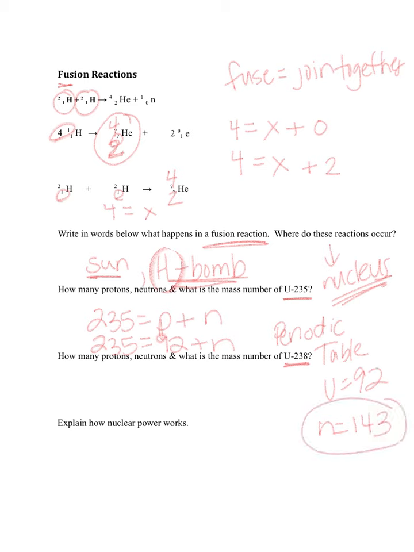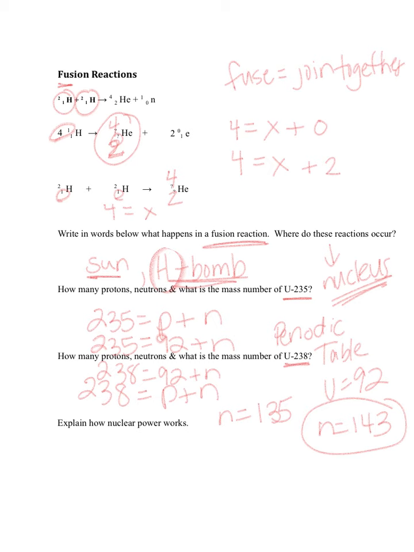In uranium-238, it's going to be the exact same process, but rather than a mass number of 235, 238 is going to equal protons plus neutrons. The protons never change, so the protons is 92. And as a result, I solve this, and my number of neutrons is going to be 135.